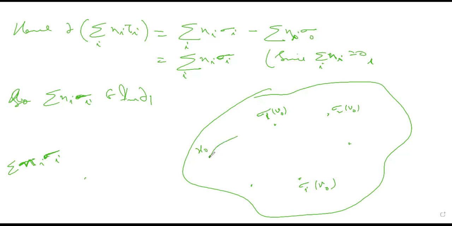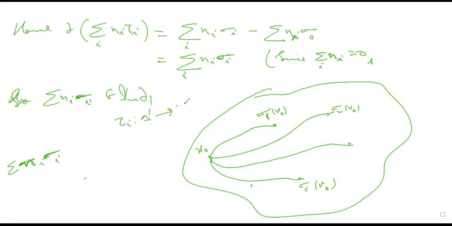And we can always find a path, because x is path connected, from here to here, similarly from here to here, and then from here to here, like this. And these paths, we can view as images of singular one simplices to x, right? We can always view them.